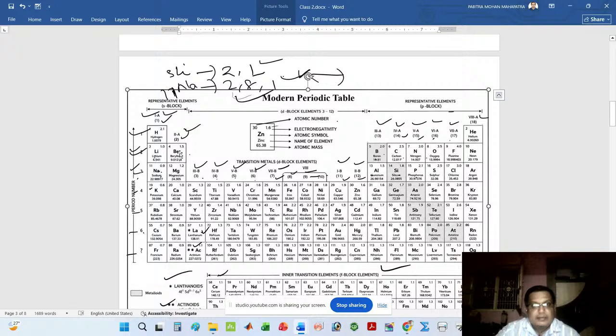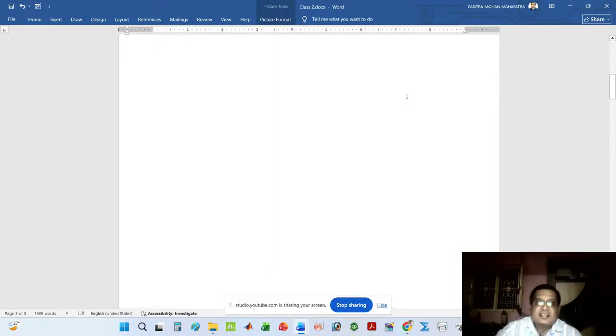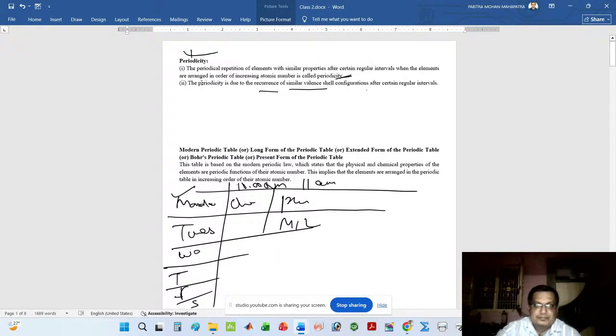When will it be seen? When it covers beryllium, boron, carbon, nitrogen, oxygen, fluorine. After covering all the elements, when you move to the third period, sodium will come, and the property of sodium is similar to the property of lithium. So there is a reoccurrence, a repetition of the same property.